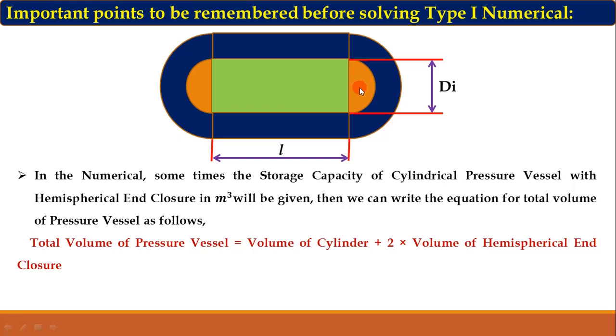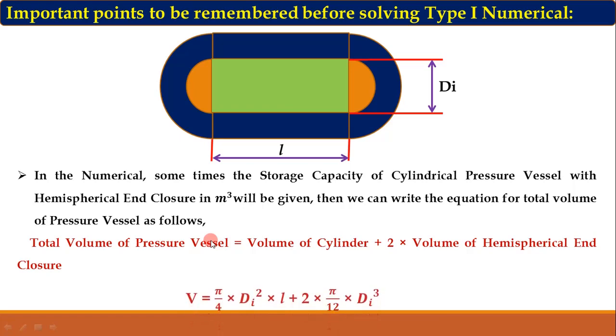This is the first hemispherical end and this is the second hemispherical end. So the total volume of hemispherical ends is twice the volume of a single hemispherical end. It gives the total volume of pressure vessel.